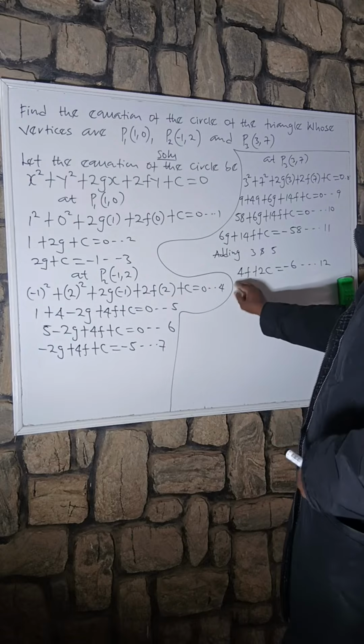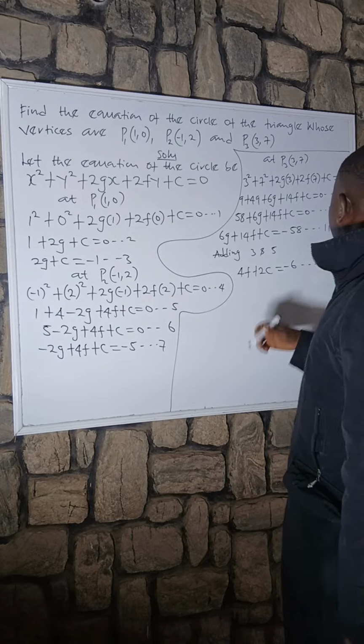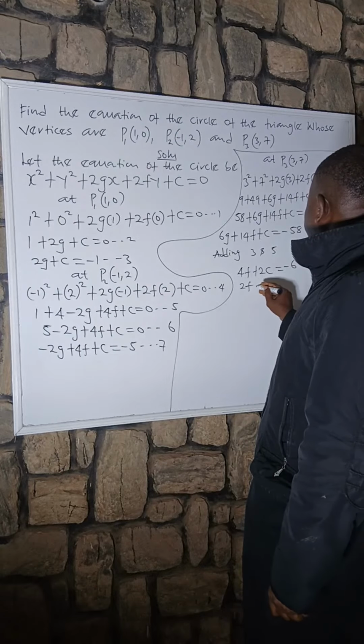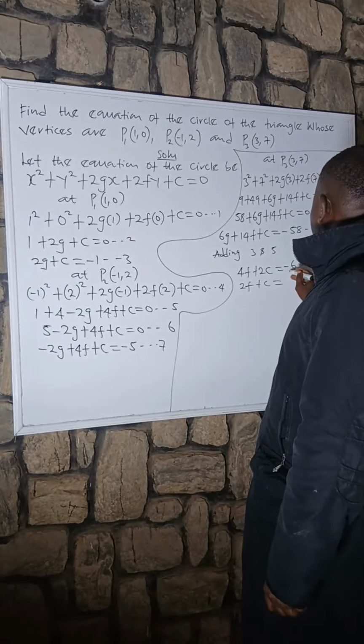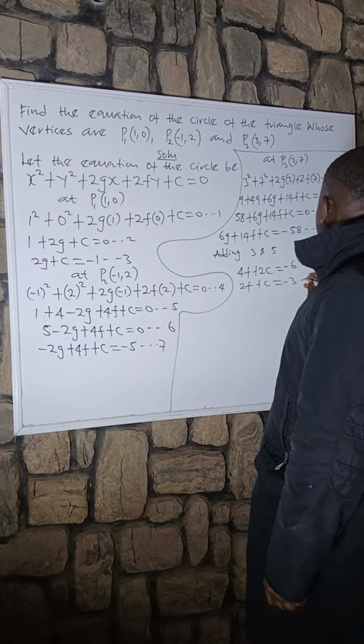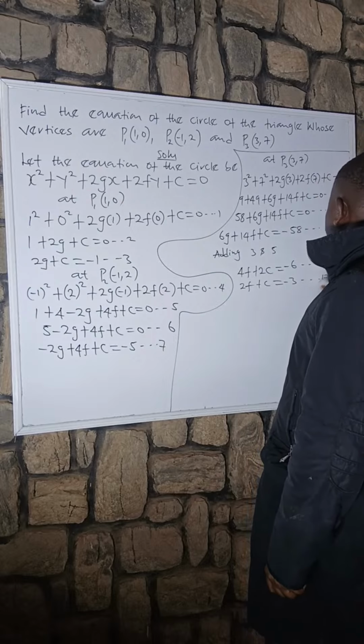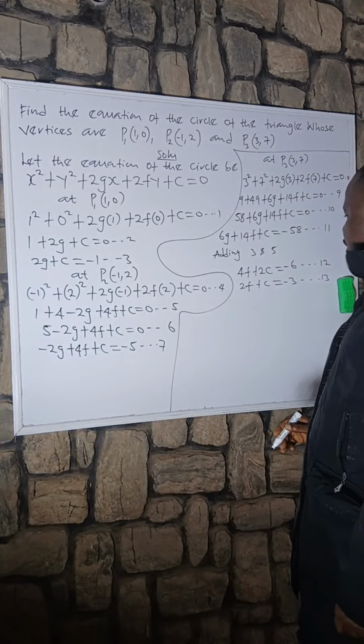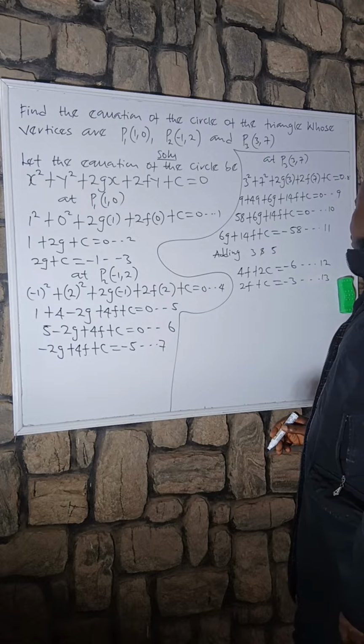When we divide equation 12 by 2, we are going to have 2f plus c equals to minus 3. This is equation 13, right? So what do we do?